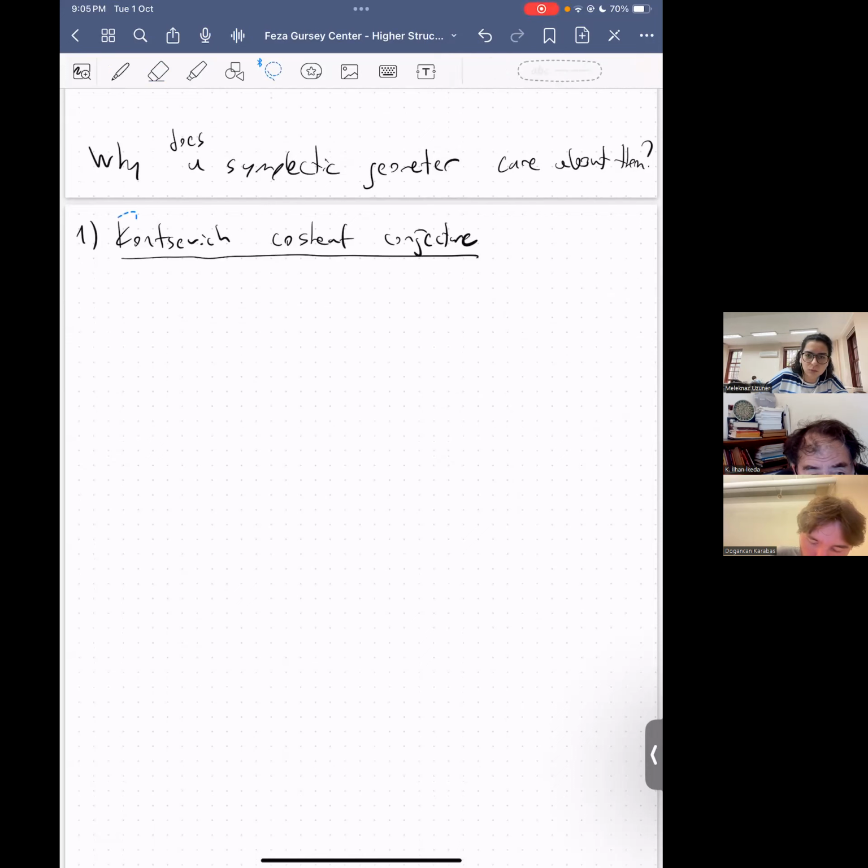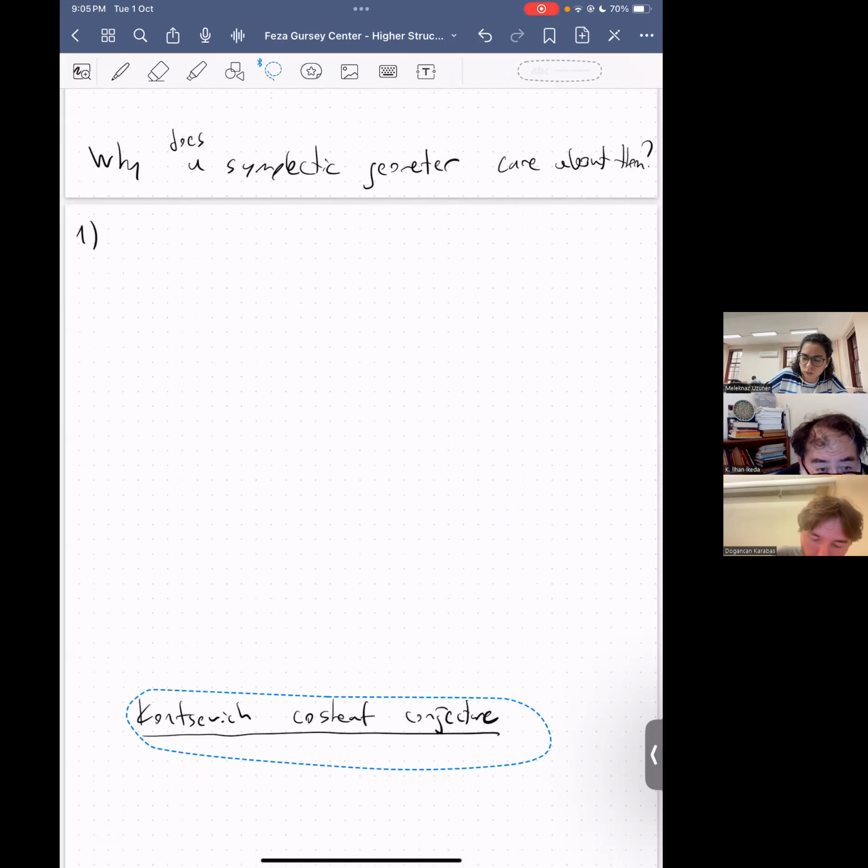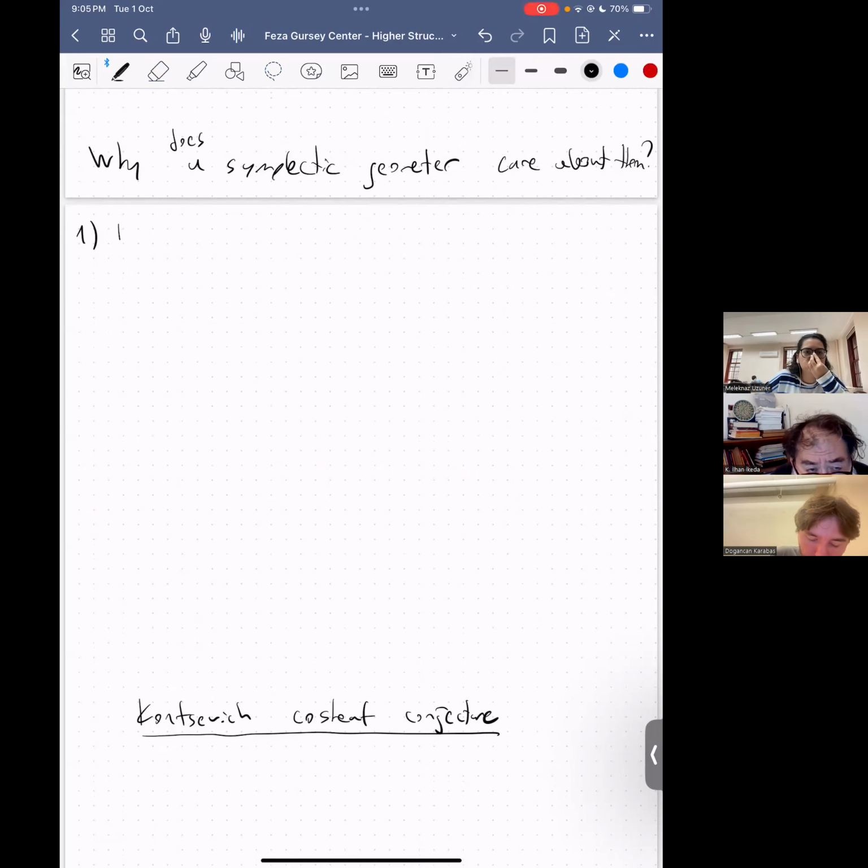But before saying that, let me put it down. Say this. So let's say I have a symplectic manifold, and then there's an invariant associated to it. It is called the Fukaya category, or here I will work with the wrapped Fukaya category of this.